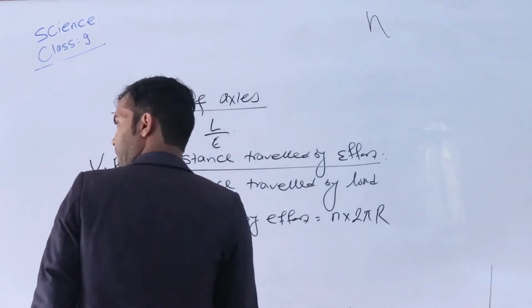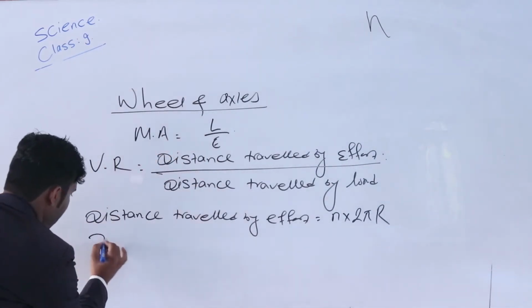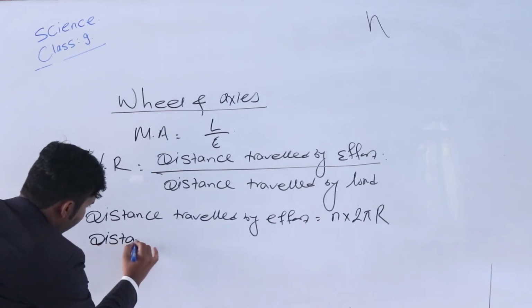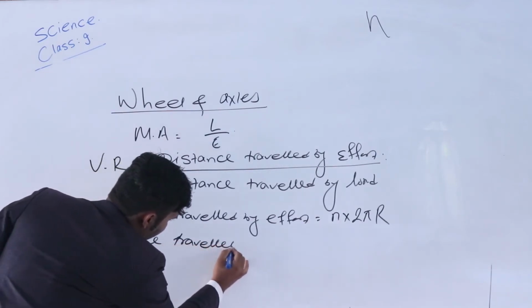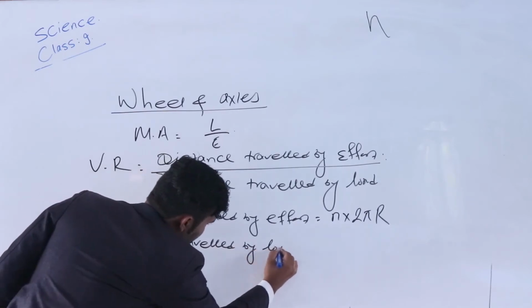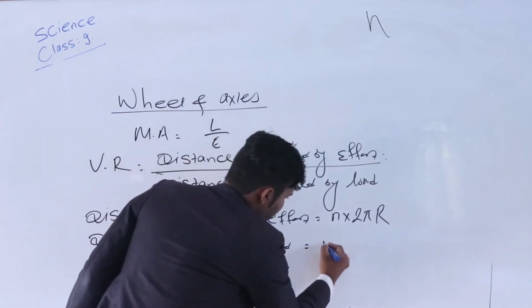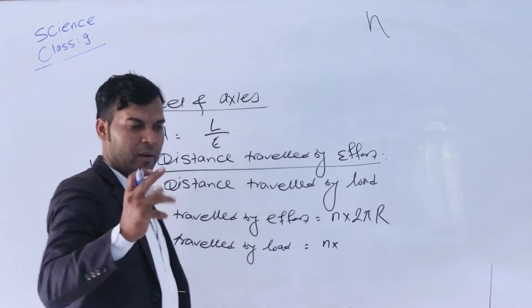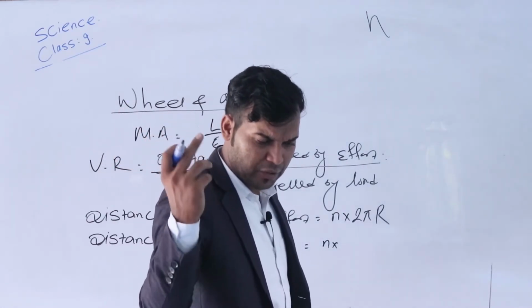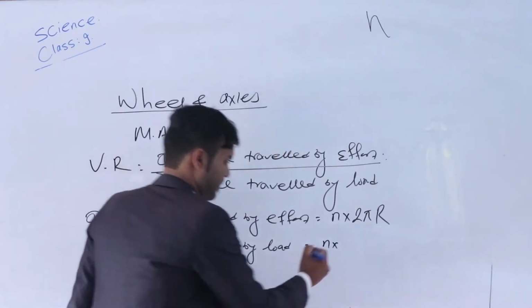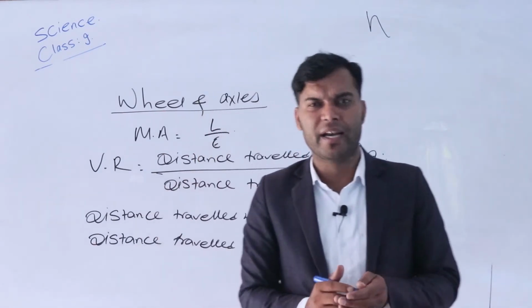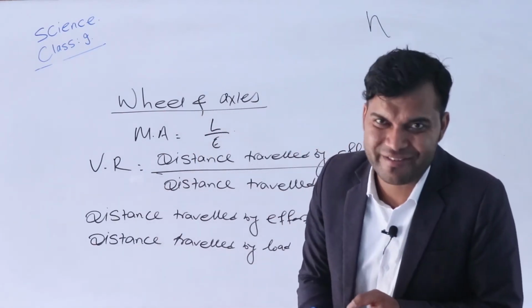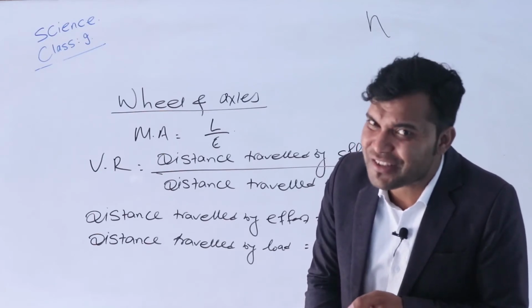Distance covered by load is equal to the number of rotations into the circumference of the axle. It means 2 pi small r. 2 pi r is the circumference of a wheel or axle.